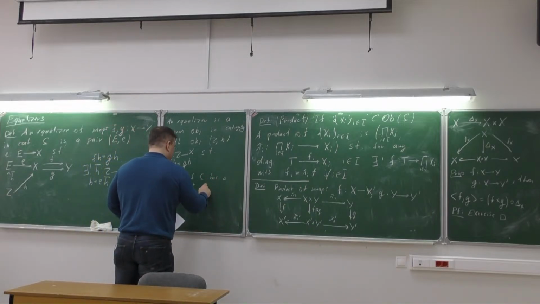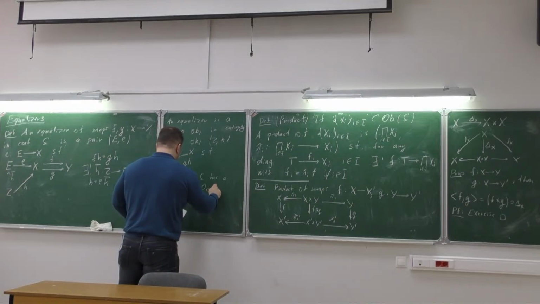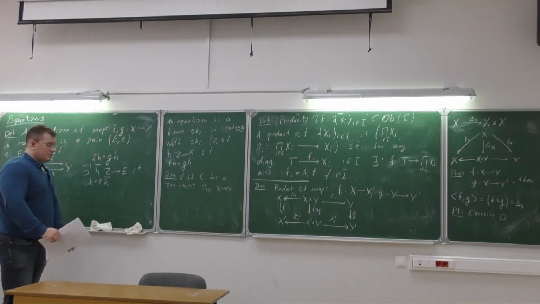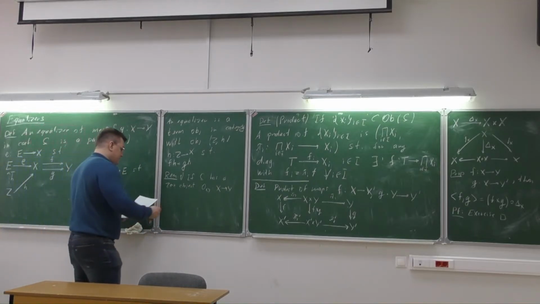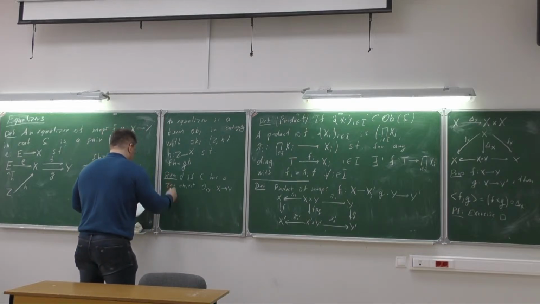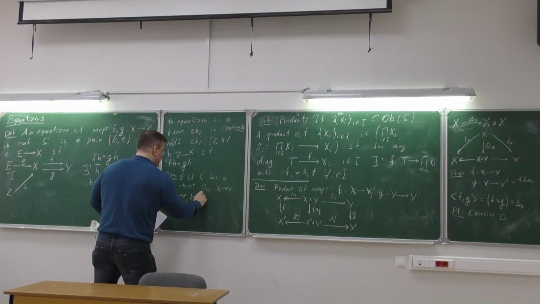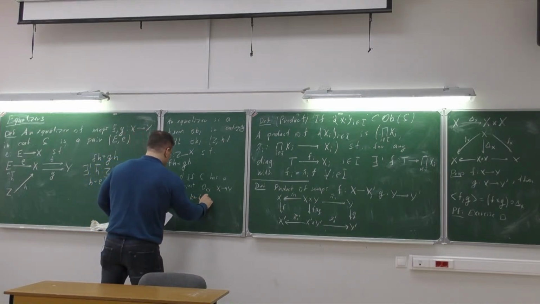So then we can define zero maps for any objects, 0 X Y. So a zero map is a map that can be factored through a zero object, something that we discussed last week. So then we can define the notion of the kernel of some map. So as before, let's assume that we have a map F from X to Y. Then the kernel of the map F is by definition the equalizer.